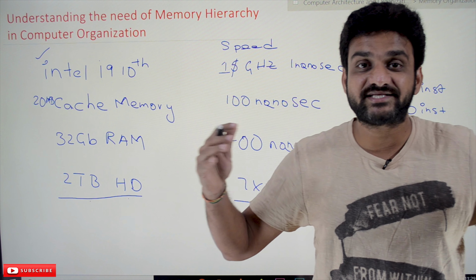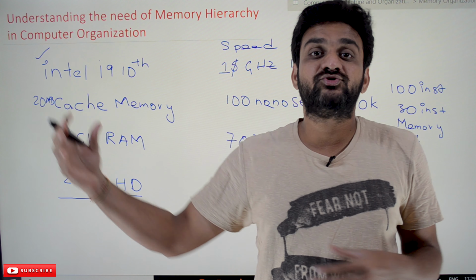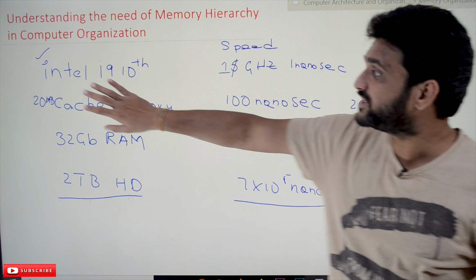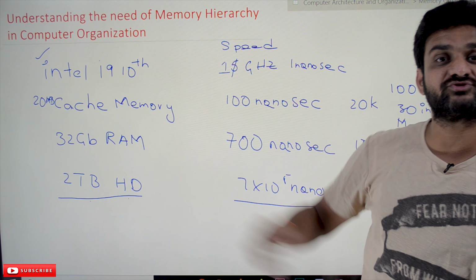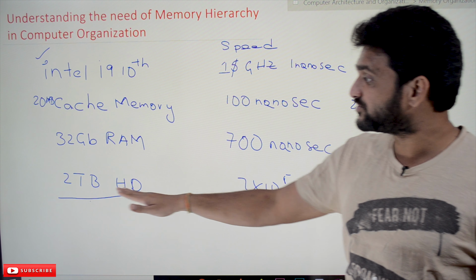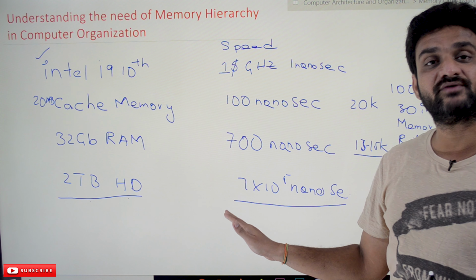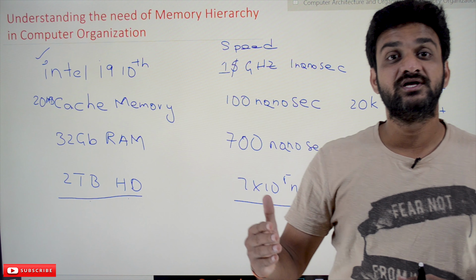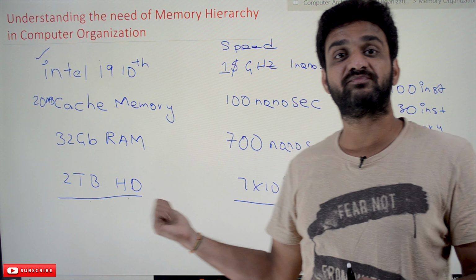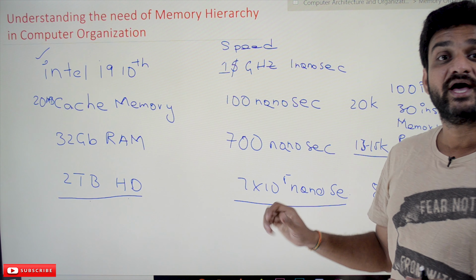To have the maximum speed and the minimum cost, for example, if you try to use only cache memory on our computer, it is going to cost thousands and thousands of rupees. Whereas if you try to have only a hard disk on our computer, then with respect to speed, it is going to take lots of time to execute one instruction.